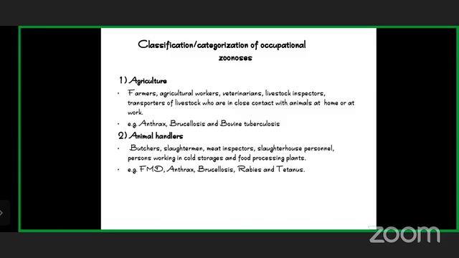So this particular tetanus condition is also called lockjaw condition. It spreads from animals to humans as well as from humans to animals. The microorganism is the bacteria Clostridium tetani.